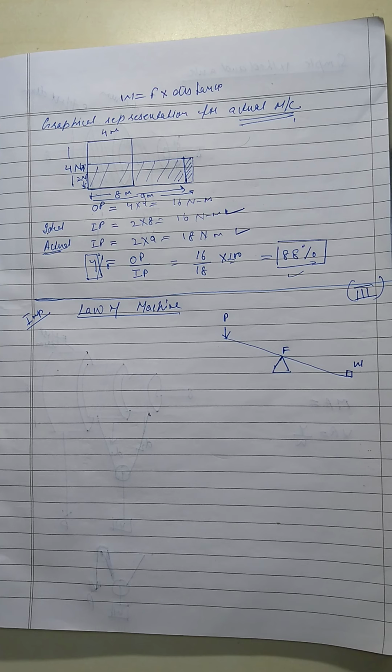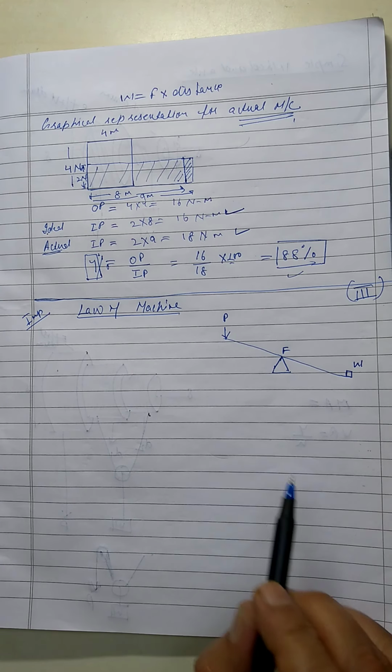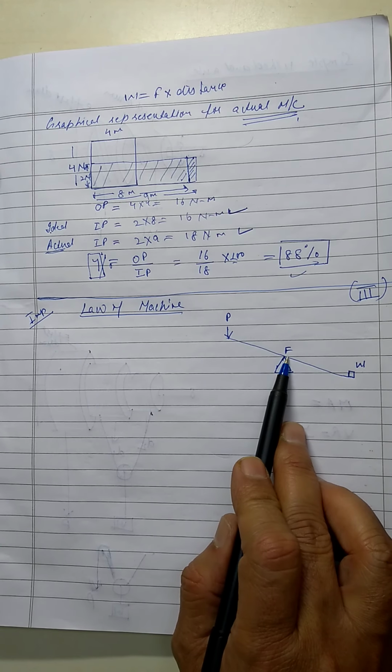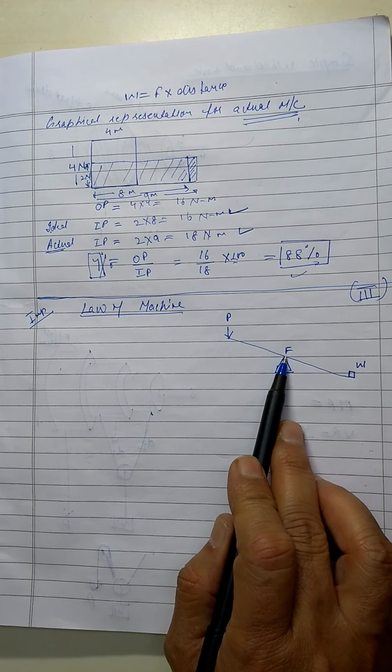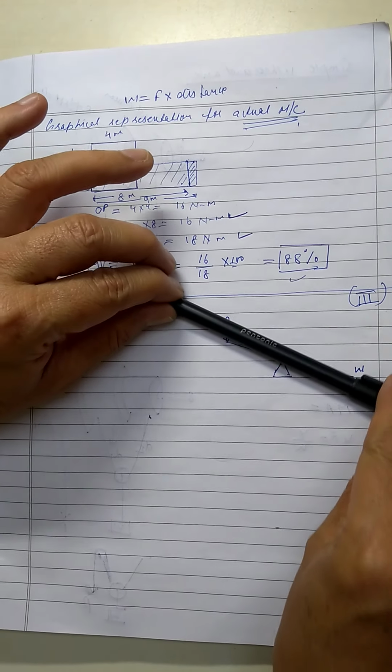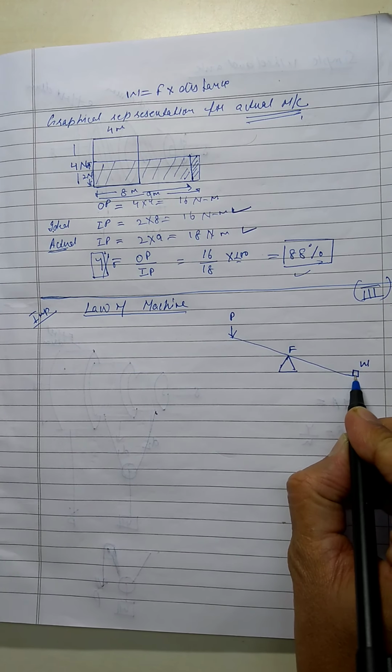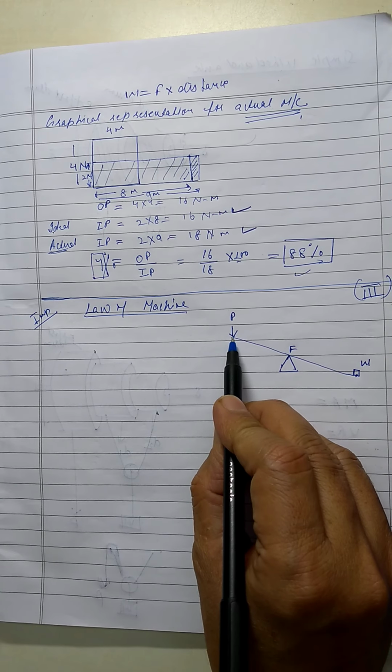To define the law of machine, first of all we have to draw a graph between the effort applied and the load lifted. Now suppose this is a lever arrangement and this is the fulcrum, the point about which the object can rotate like this. Suppose this is the load point and this is the effort point.